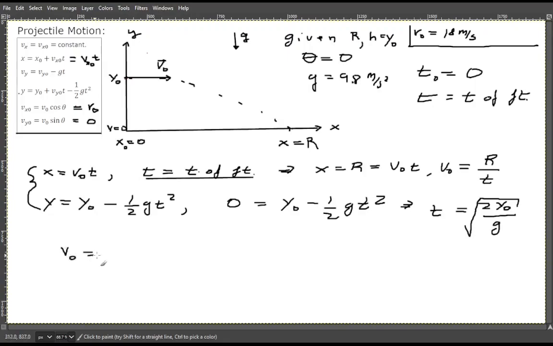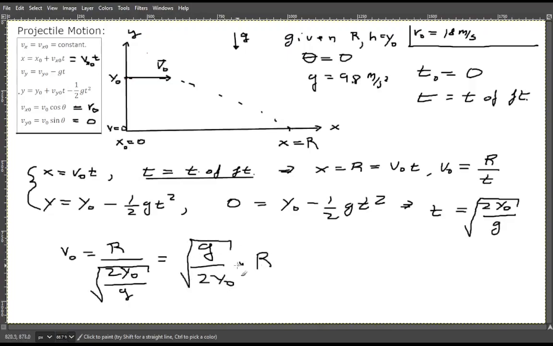We're going to get v0 is equal to the measured range divided by the square root of 2y0 over g, which we could rewrite like this: the square root of g over 2y0, times the range. And that's what we're going to use to experimentally verify the range.